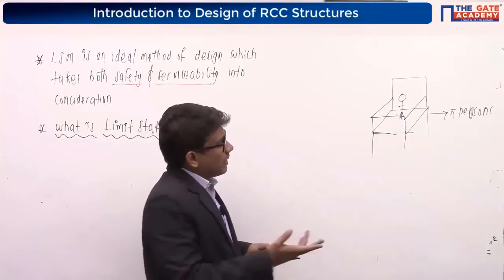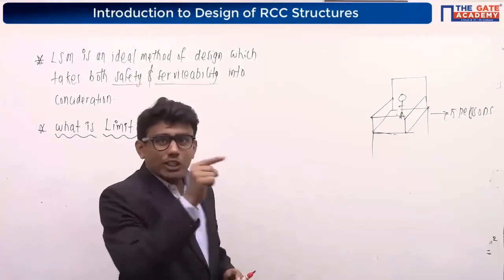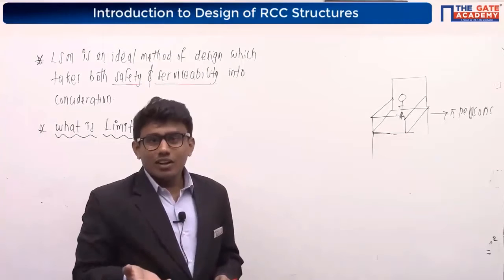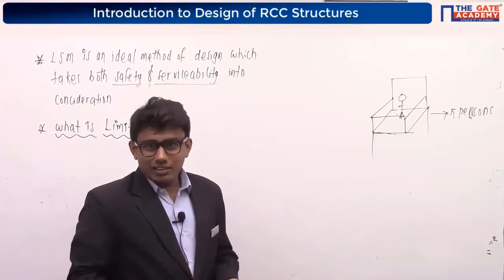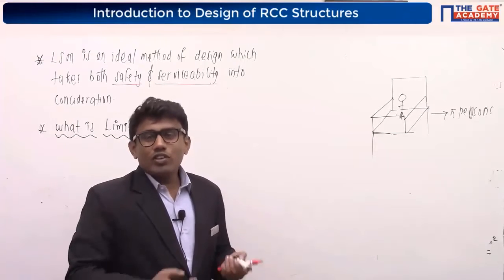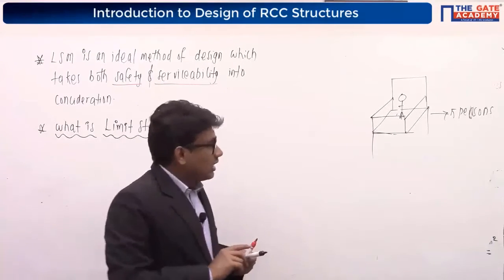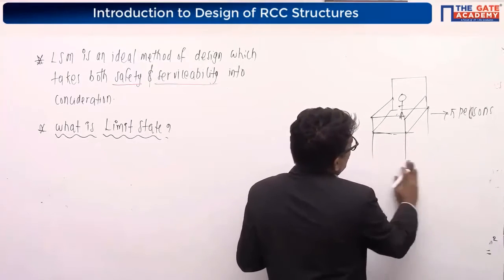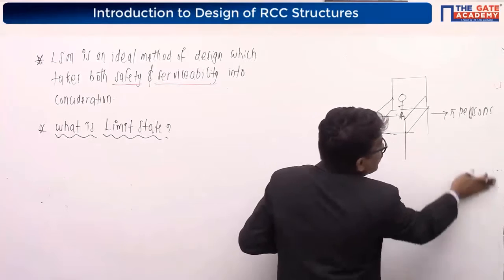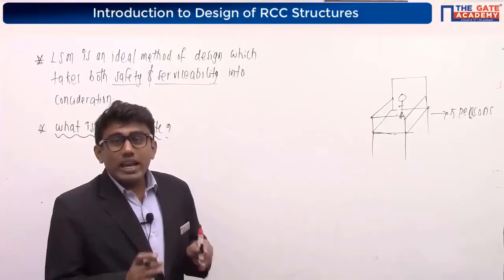Similarly, suppose one leg is not there for this chair. Will you prefer to sit on this chair? No, right? Why? Because we cannot use that chair, or we will feel fear to use that chair. Correct or not? Yes. Which means this chair will fail to serve its purpose.